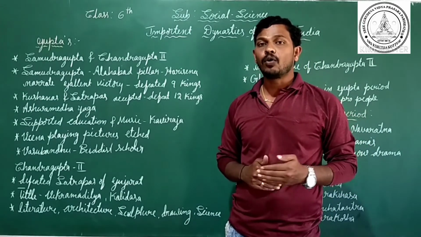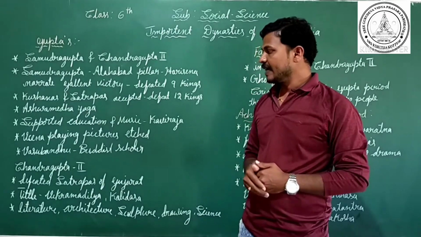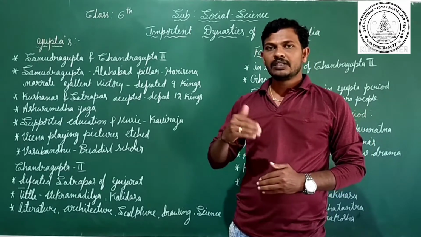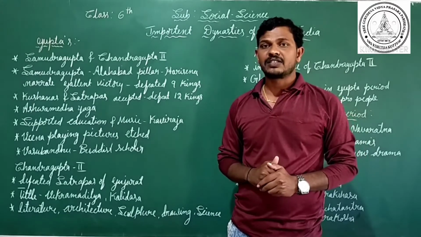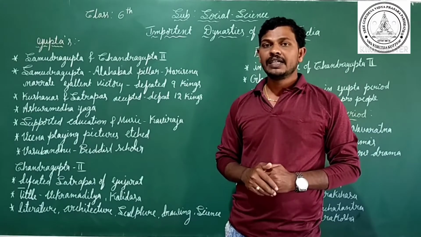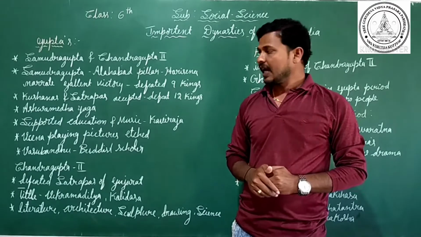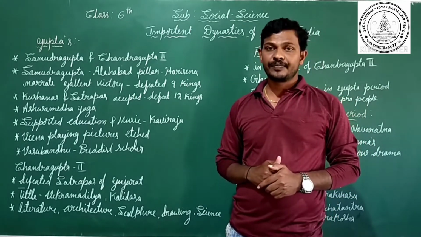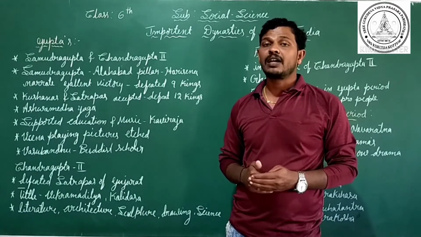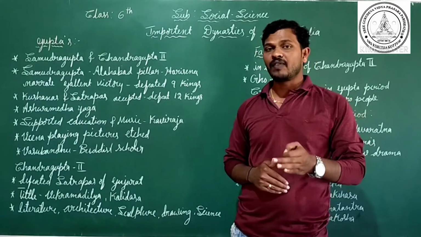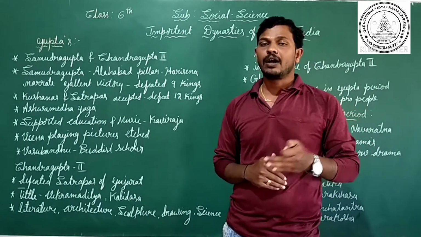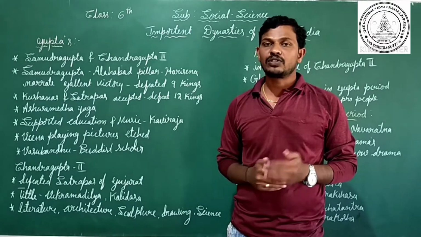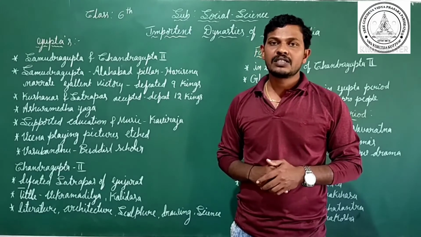He made many golden coins in his empire. One of the important Buddhist monks was Vasubandhu. This Vasubandhu was the prime minister of Samudragupta.